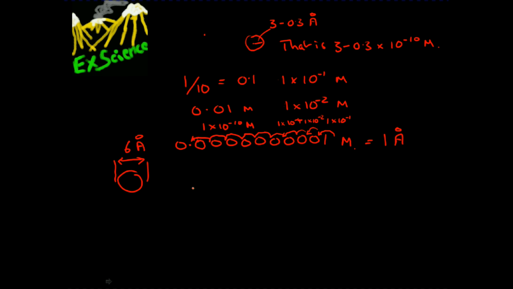And if I was to take a load of these atoms, as many as I could get, and line them all up in a row so that they were just touching each other, and that covered 1 millimeter, I would have 1 divided by 6 times 10 to the minus 10.